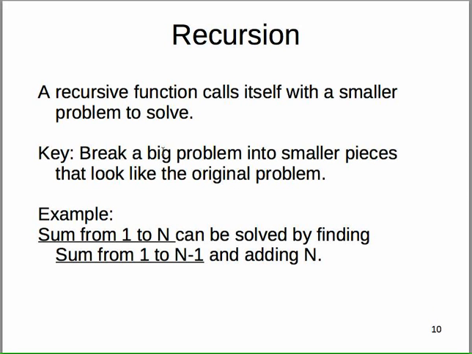You've broken that big problem of finding the sum from 1 to n into smaller pieces. In this case, just one small piece that looks like the original problem plus the addition of this one last thing. And how do you solve the sum from 1 to n minus 1? The same way. The sum from 1 to n minus 1 can be solved by finding the sum from 1 to n minus 2 and adding n minus 1.